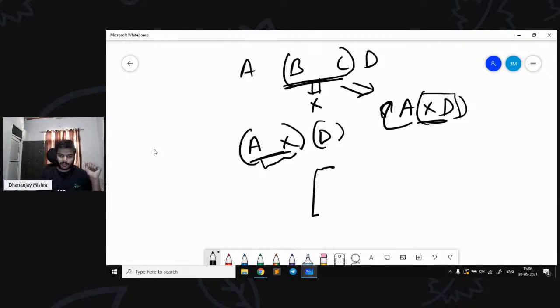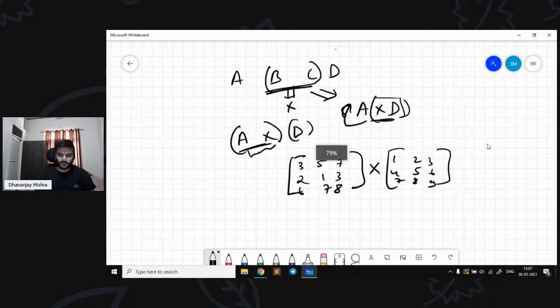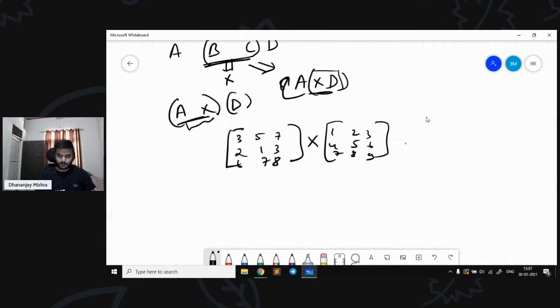Suppose you are given two matrices, this and this. So how do you do multiplication? Suppose we have the numbers 3, 5, 7, 2, 1, 3, and take 6, 7, 8 here, and here you have 1, 2, 3, 4, 5, 6, 7, 8, 9. So how do you do matrix multiplication? What you do basically is you just pick up this row and multiply all the elements with the first column of the second matrix, right?